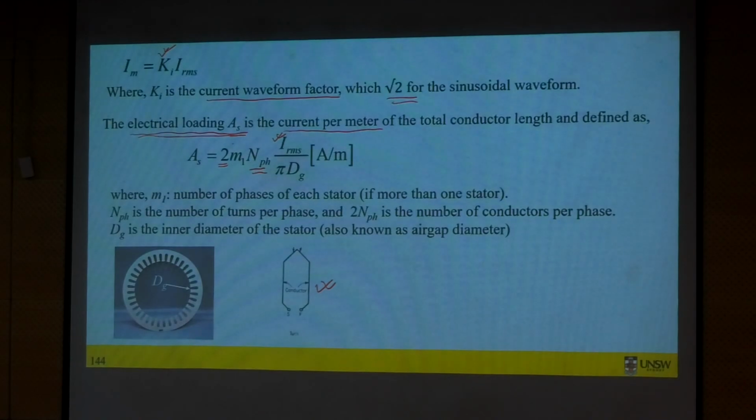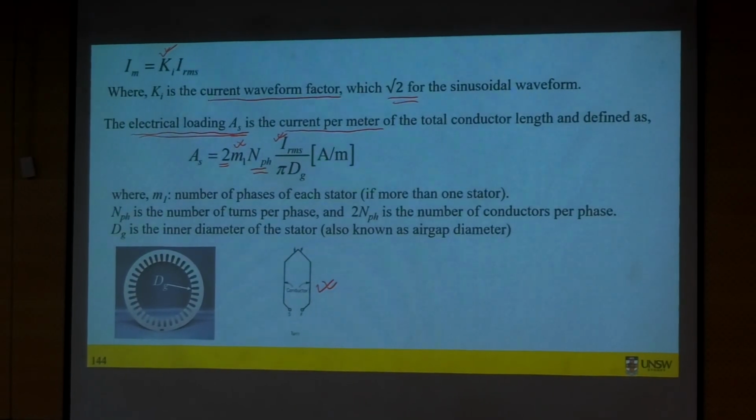And we may have more than one stator. Some machines have double stator, some even more than 2. So if you have more than one stator, you need to consider the number of phases of each stator. For example, you may have a 6-phase machine, but 3 phases in one stator and 3 phases in the other stator.